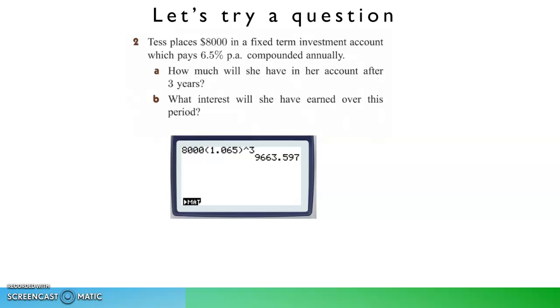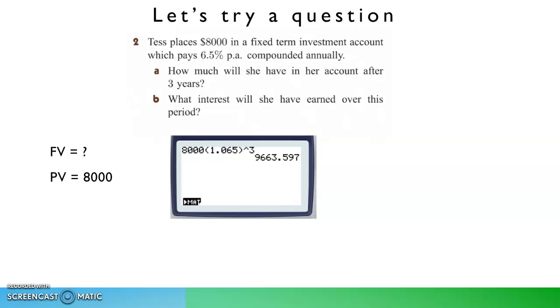So Tess places $8,000 in a fixed term investment account, which pays 6.5% per annum, and it's compounded annually. All right, so part A, how much will she have in her bank account after 3 years? Hopefully you can see that they're looking for the future value. They're trying to find out how much you'll have in her account if she lets the interest compound on that $8,000 for 3 years.